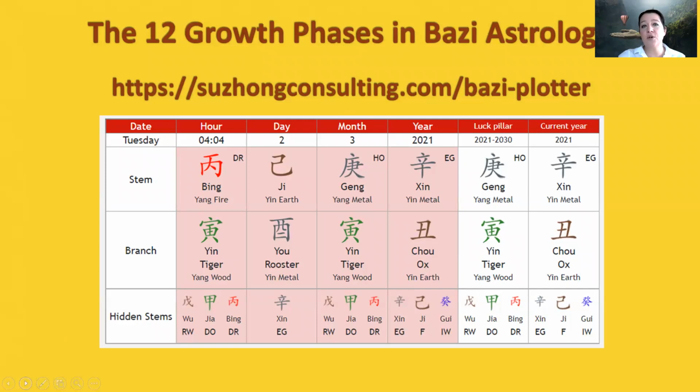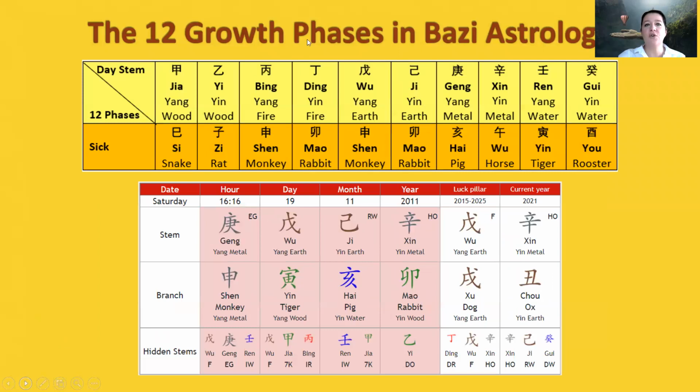Now, how do we determine the sick phase? It is very simple. You look at your natal chart, at your Bazi chart, and the determining factor is this symbol here. This character here, for this person, is Wu Earth, the yang polarity of Earth.